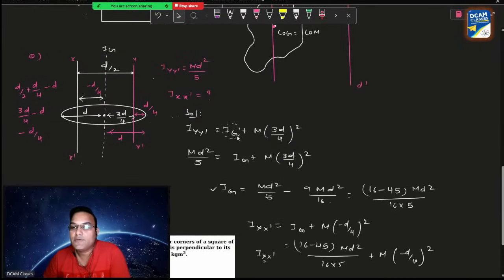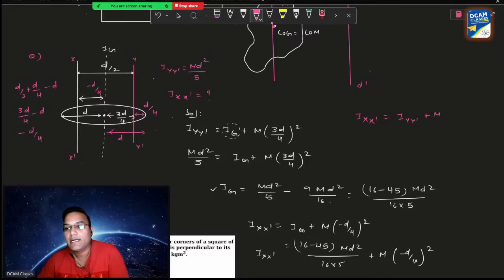Why did I do this one? Because this is the common mistake that students do. What do students do? In this case, Iyy dash is given, Ixx dash is to be found. So they will just apply this formula: Ixx dash is equal to Iyy dash plus m into d by 2 whole square, and then they'll put the values.